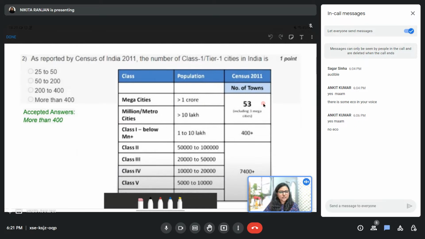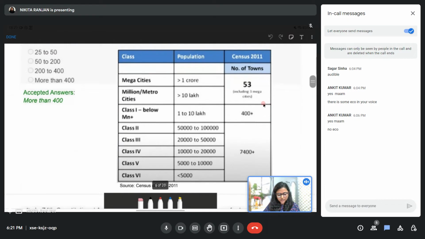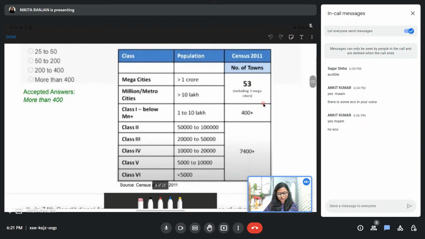First, it's important to recognize what class 1 or tier 1 cities are. You might have seen how different classes of cities are classified according to the population. Let's start from the bottommost one, which is class 6 towns or cities.